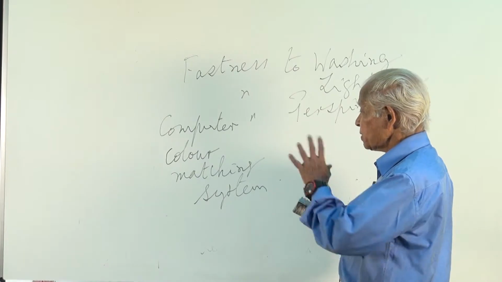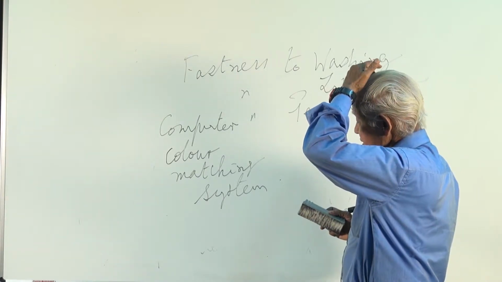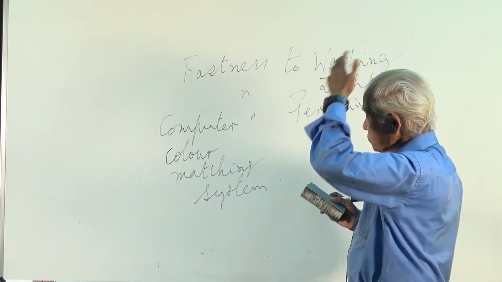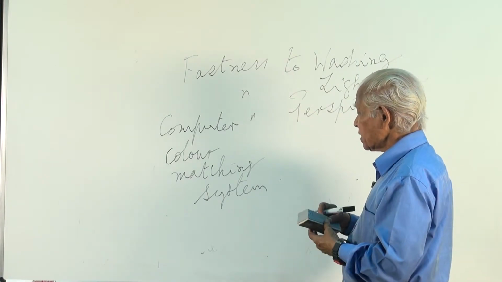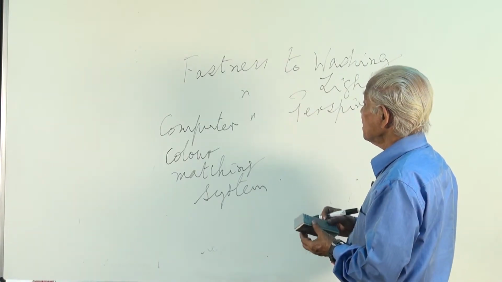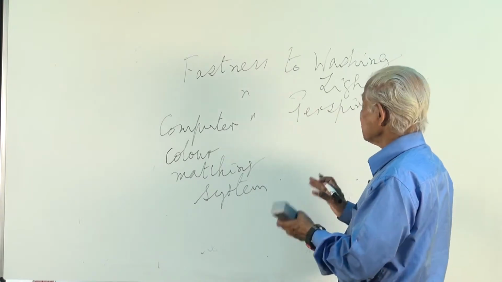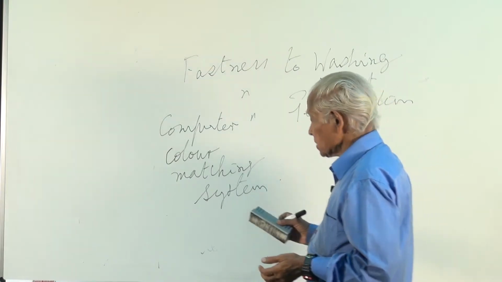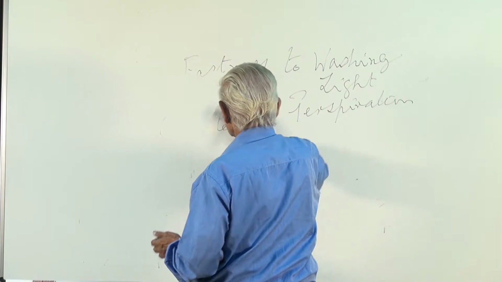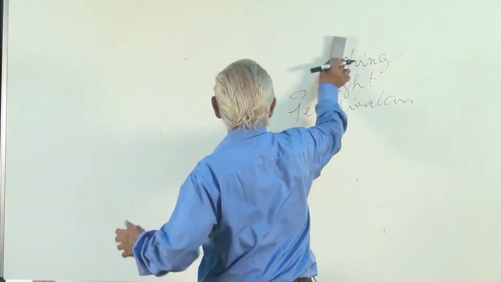So a laboratory which is having this computer color matching system is able to supply the required shades to the customer and help them. So the use of the computer color matching system in dyeing cannot be overemphasized.